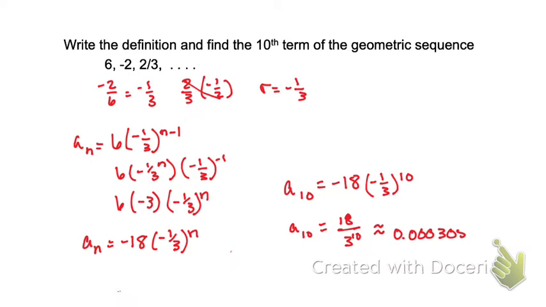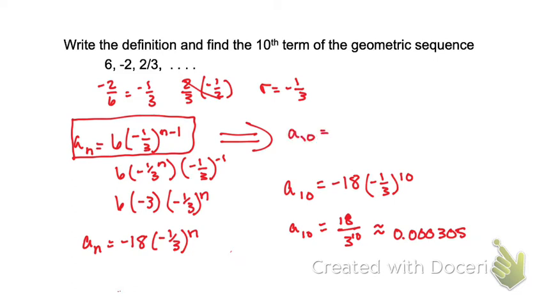How'd it go? Bad. Horrible. Why? I had no idea how to reduce that. Okay, if you don't know how to simplify that, could you plug it in right here? Yes. Because if you plugged it in right here, you would have a sub 10 equals 6 times negative 1/3 to the 10 minus 1, which is 9.